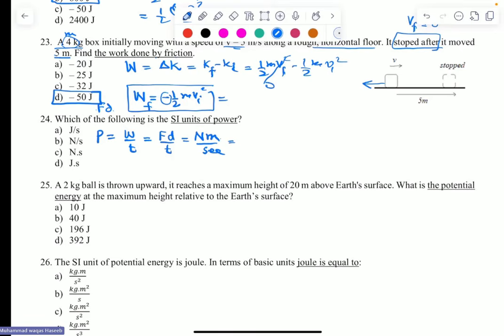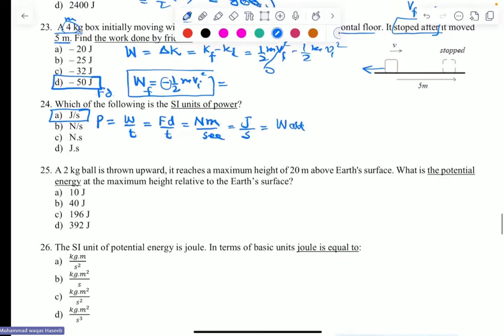This Newton meter is equal to joule, so joule divided by second, or it has a name, watt. All these are units of power. So see which unit is matching in the options. I think joules per second.